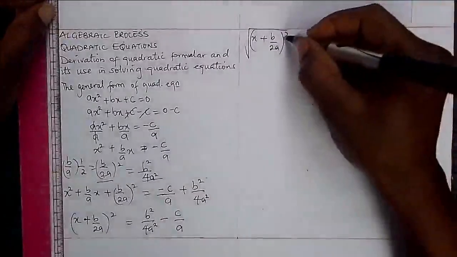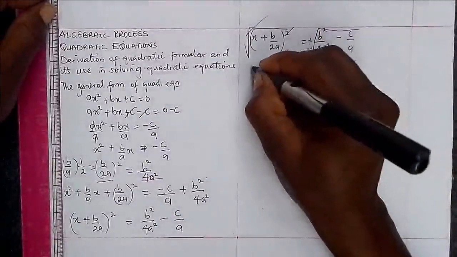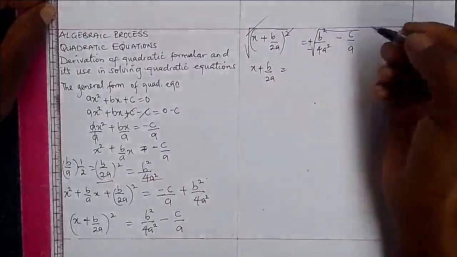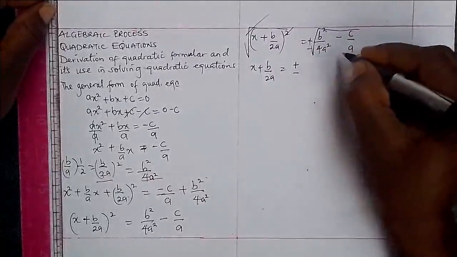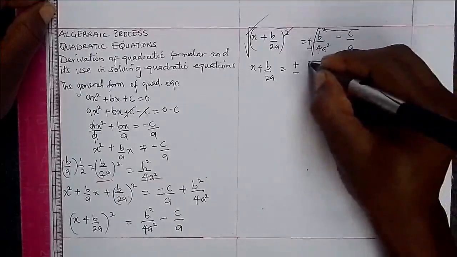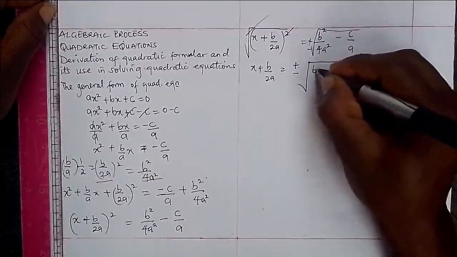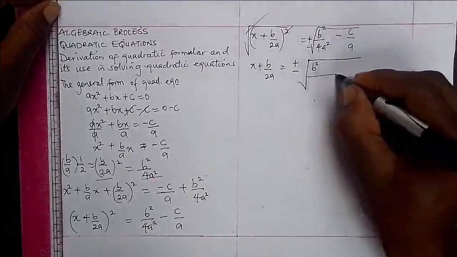The square goes with the square root, and we're left with x plus b over 2a is equal to plus or minus the root of b squared over 4a squared minus c over a. Let's first look for the LCM.